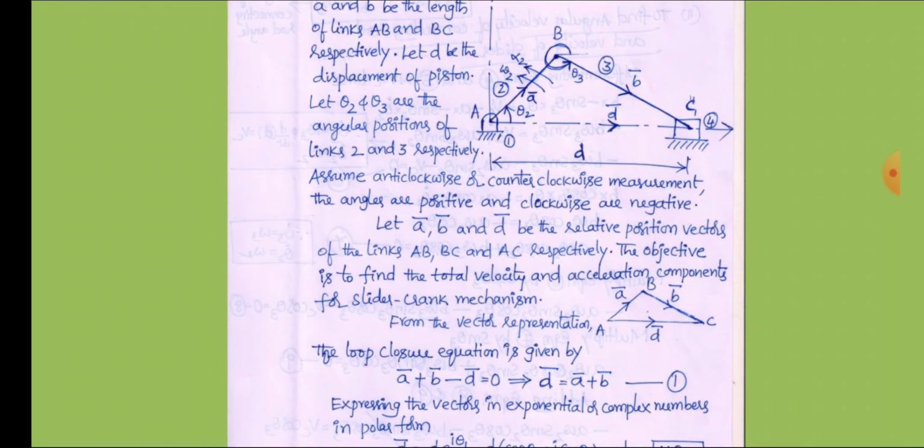So let us consider a slider crank mechanism in a plane having the horizontal axis as the real axis and the vertical axis as the imaginary axis. Let theta 2 be the angle which I measure in the anti-clockwise direction with respect to the real axis, and in the same direction I represent the vector from A to B, which I take as A bar, the length of the crank or the radius of the crank.